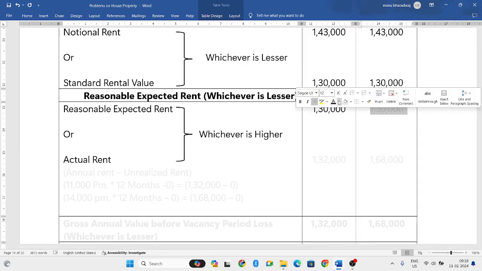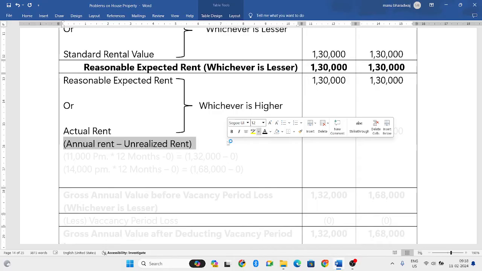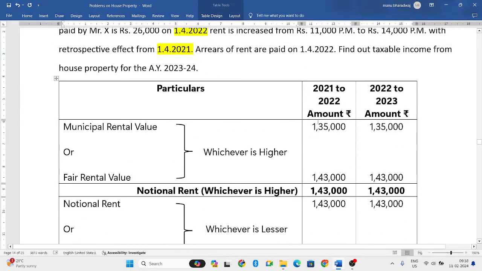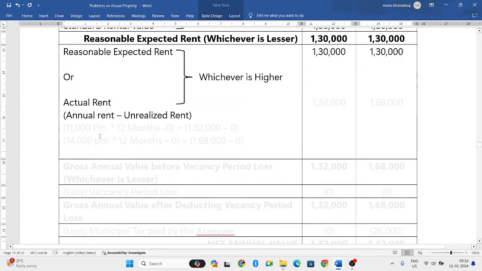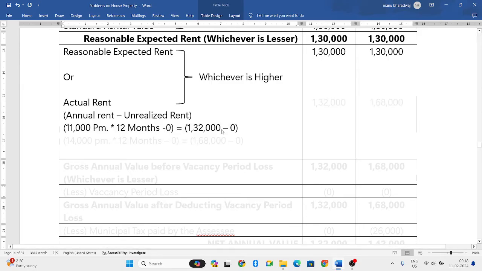Now this reasonable expected rent will be compared with actual rent. The formula to find out actual rent is annual rent minus unrealized rent. In the first case, he had paid 11,000 per month as annual rent. 11,000 is for 1 month, so we need to calculate for 12 months.